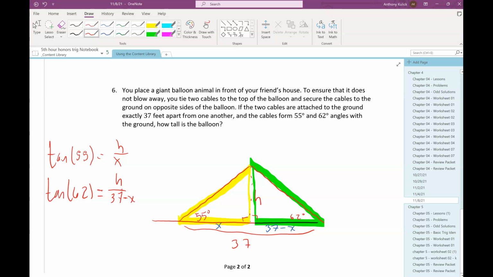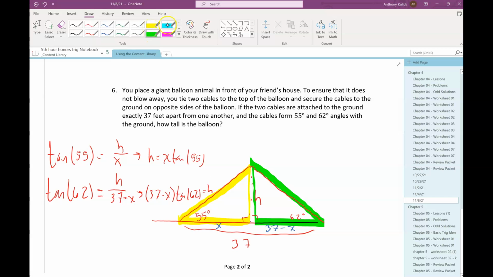I'm going to then multiply both sides of the first equation by x, and multiply both sides of the second equation by 37 minus x. Cool there.